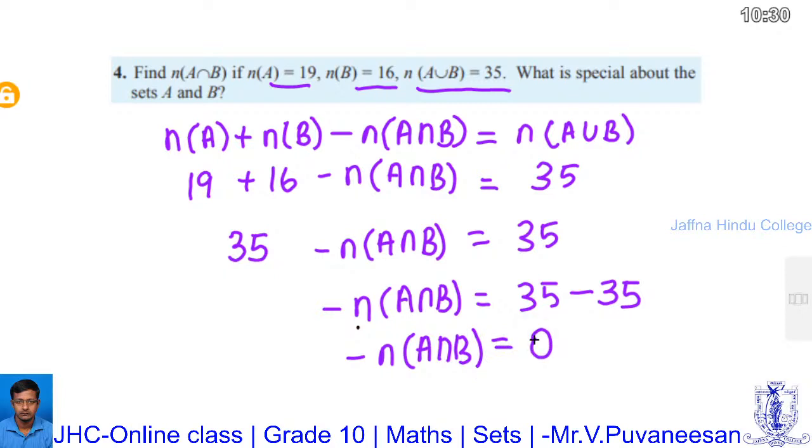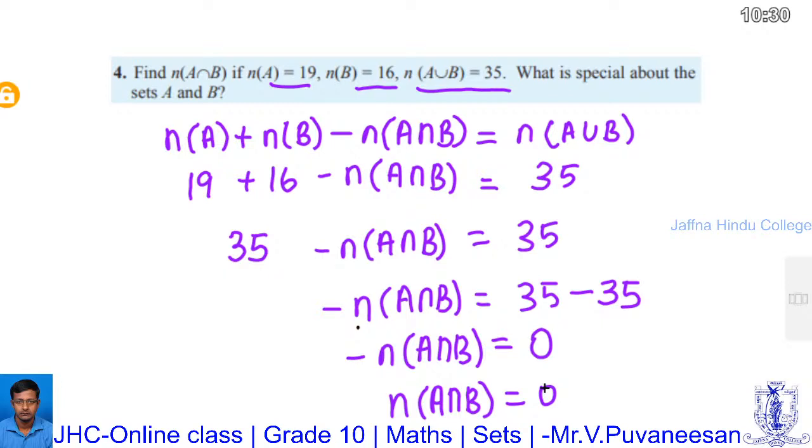So number of A intersection B equal 0. Divide both sides by minus 1, 0. Okay, we got the answer, number of A intersection B is equal to 0.